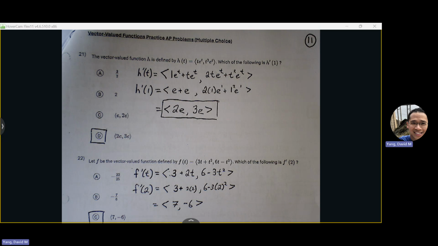Yeah, just finding the derivative of each component and then plugging in.